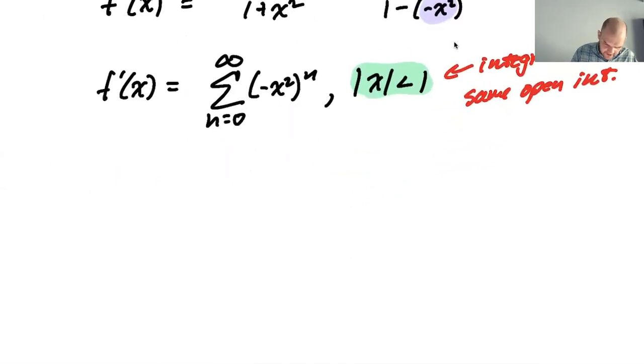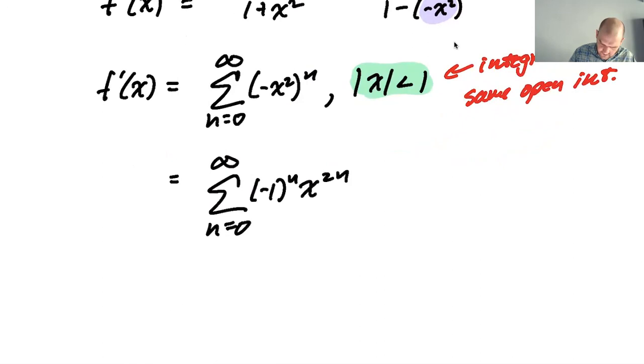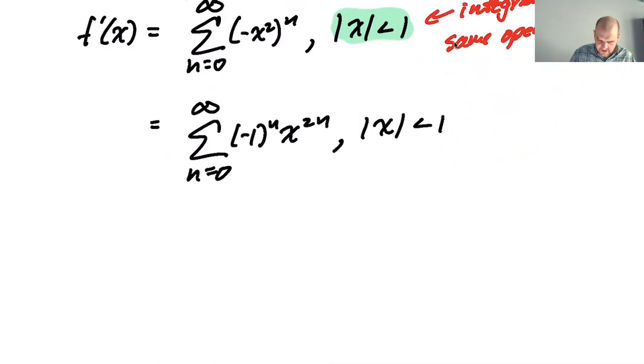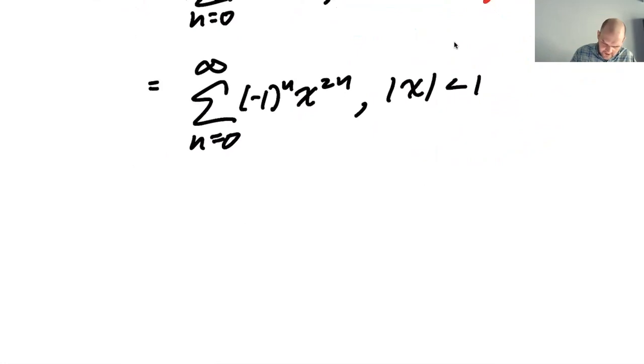So first, before I integrate, I'm going to rewrite this as -1 to the n, x to the 2n. The reason I'm doing that is because I want to reverse the power rule on this thing, and the whole quantity thing wasn't working for us.